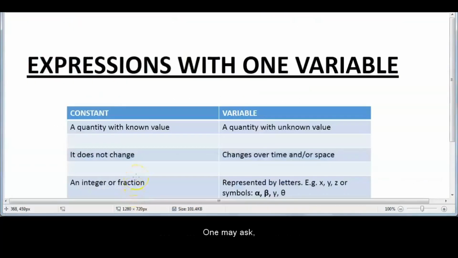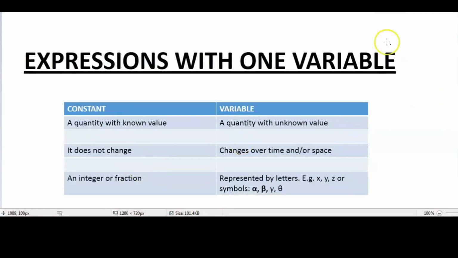So one may ask, what makes a variable, and what makes a constant? The difference between the two is clearly spelled out in this table. Just like we mentioned in the previous lesson, a constant is a quantity with known value.